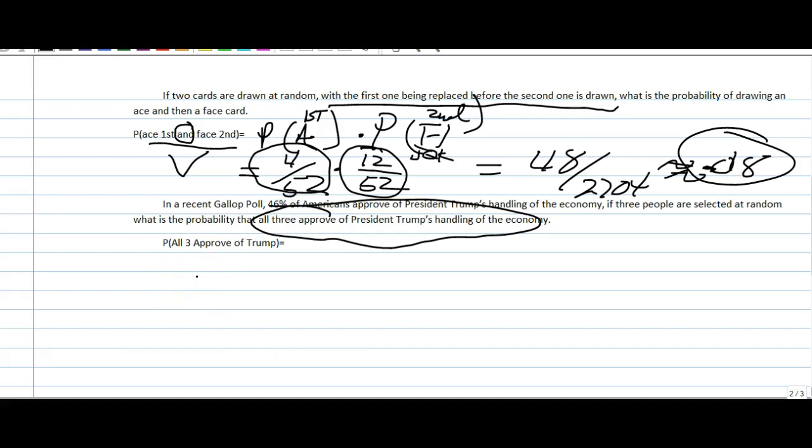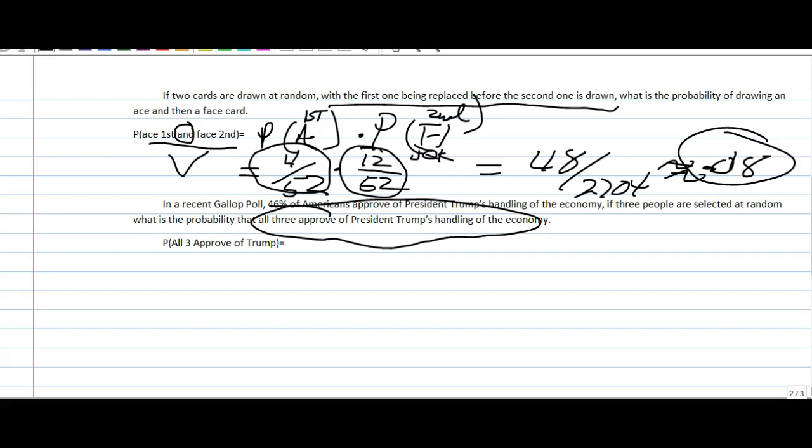Now, regardless of what the first two will indicate, the probability that the third person indicates that they approve of the way President Trump is handling the economy is still 0.46, which is 46% written as a decimal.